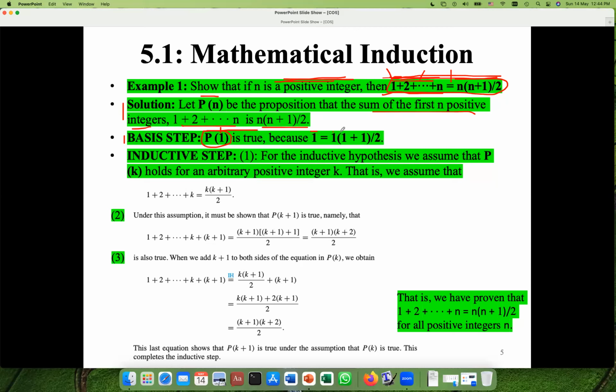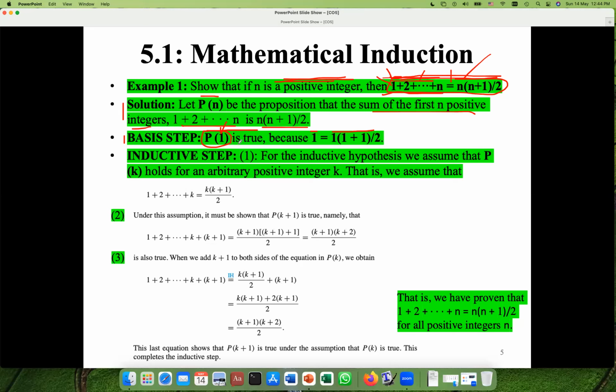On the left-hand side we have only one number, P of 1. We don't have n numbers because n is 1.